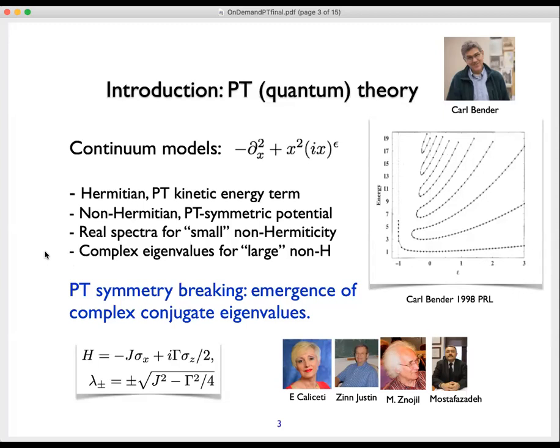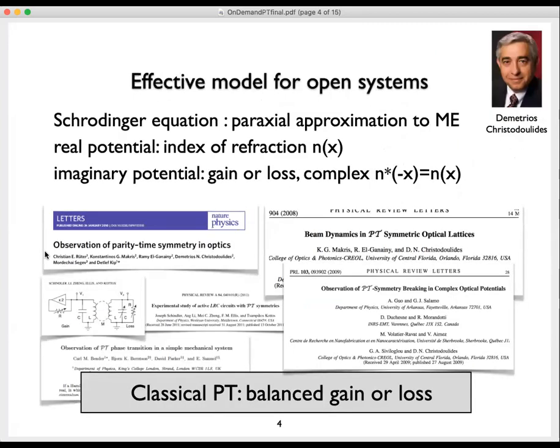All right, so this is the introduction to how the story started. And then one of the key advances on the experimental front was made by Christodoulides and Rüter, who suggested that this is a system which could be realized in optics. So one of the challenges with the quantum formulation was what is meant by non-Hermitian Hamiltonians, or more precisely, what is meant by complex potentials, and how do we realize them?